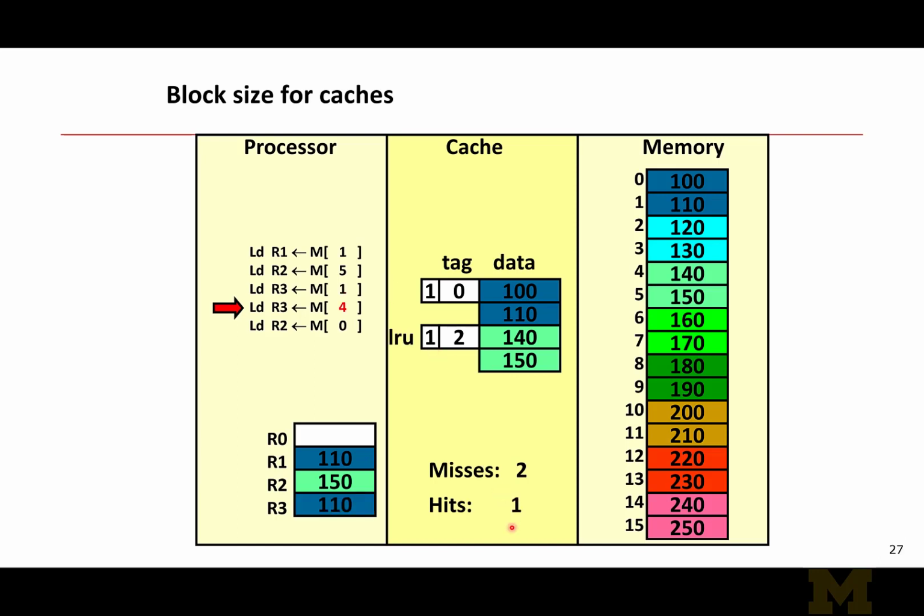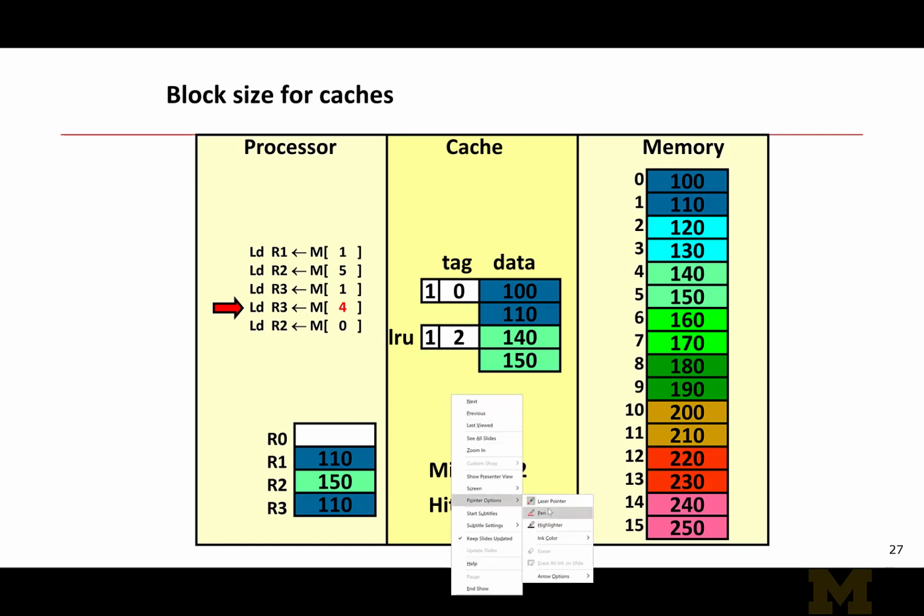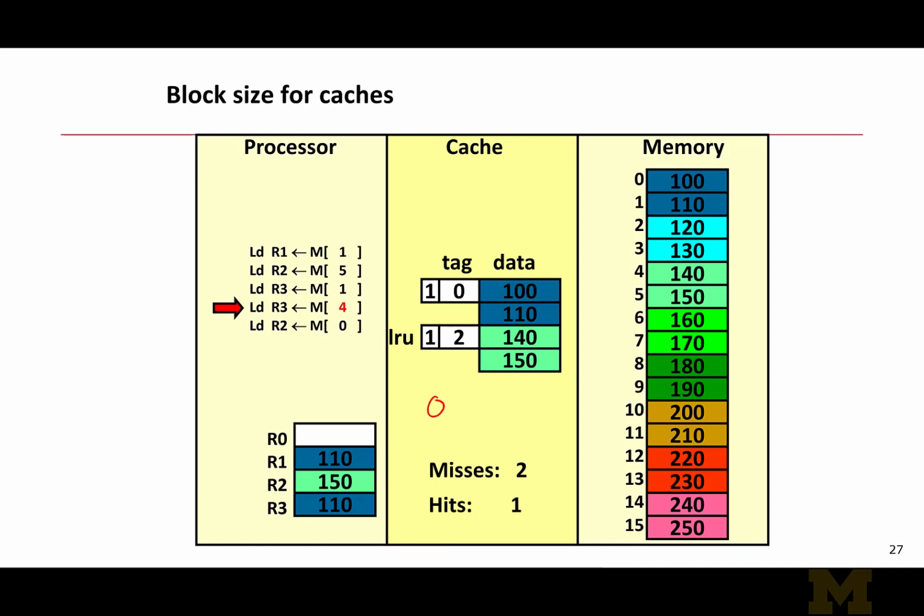Now if I go and access address 4, I can split address 4 into my 4-bit value 100.